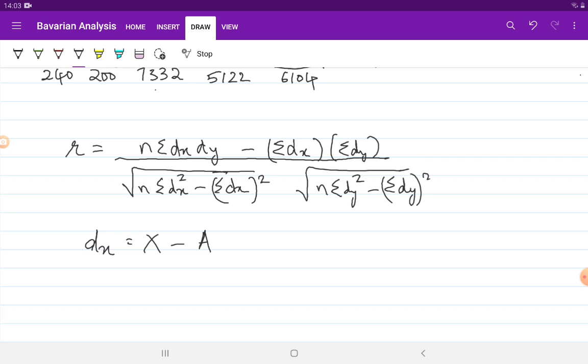Always choose one of the central numbers as a, and dy is y minus the central value b. So a and b are our assumed means. They can be any arbitrary number. Ideally, choose one of the middle numbers from the data of x and y that you have.